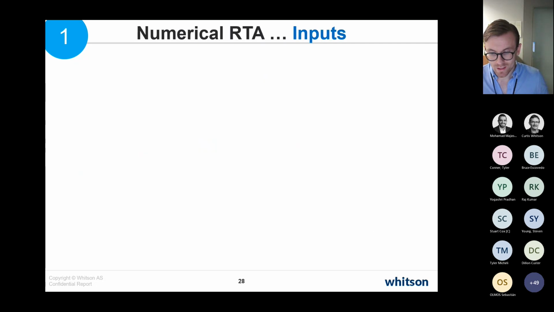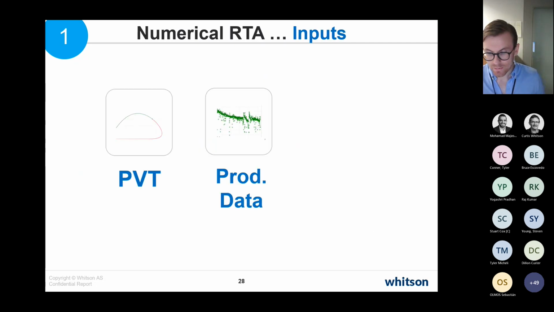The inputs to numerical RTA are PVT and production data. Right now we get PVT properties from field-wide equations of state, unless we actually have PVT data on every single well. Production data is either measured, or we can calculate, for instance, bottomhole pressures from surface data, so it's at least possible to get some estimates of that.